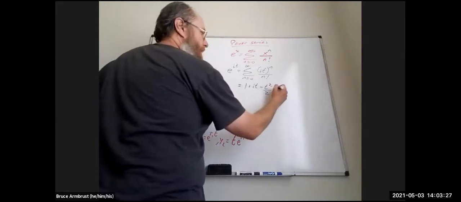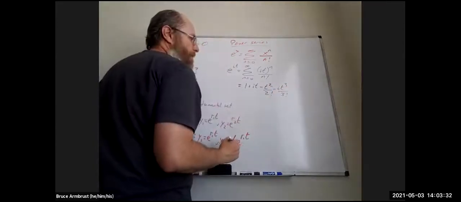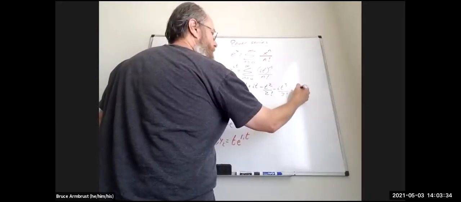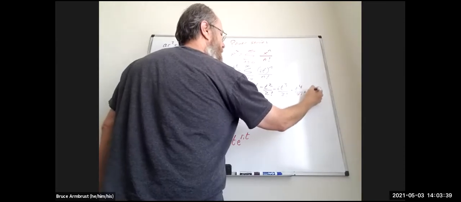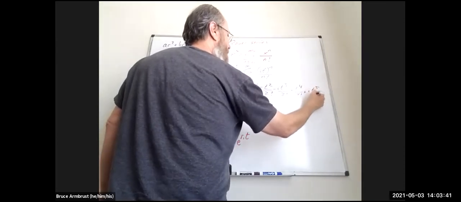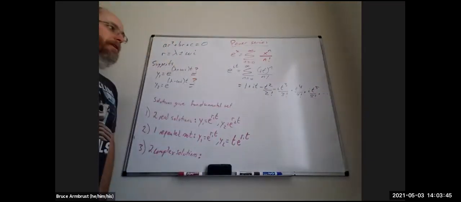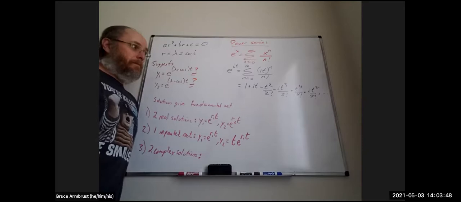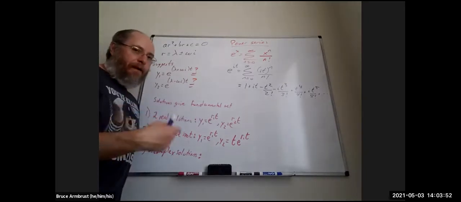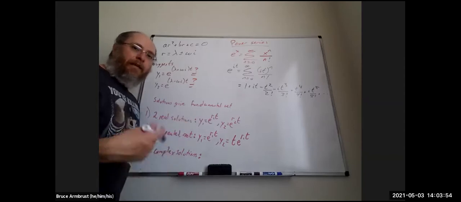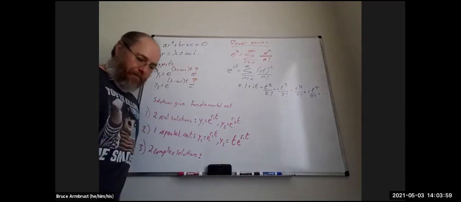The next one's going to be a minus i t cubed over 3 factorial. Then a plus t to the 4th over 4 factorial. And then a plus i t to the 5th over 5 factorial. And so on down the line. So this one actually goes plus, plus, minus, minus, plus, plus, minus, minus, because of the powers of i. And every other one has an i.